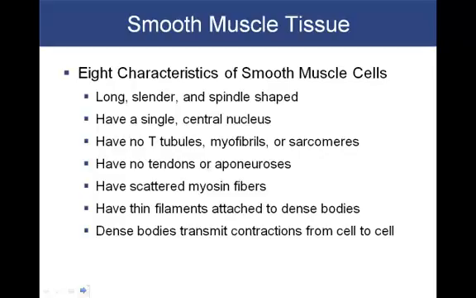Characteristics: spindle-shaped, with a single central nucleus. Smooth muscle tissue lacks T-tubules. It lacks myofibrils as well as sarcomeres. It does not have tendons or aponeuroses. I think we all remember tendons.